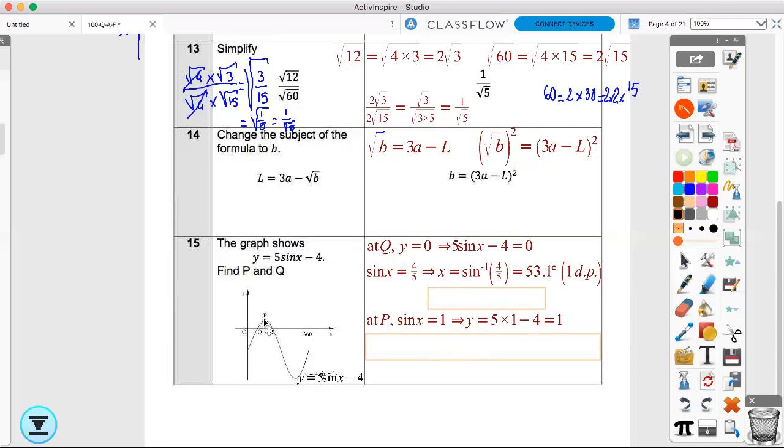So when sine x equals 1, now x is inverse sine 1, which is 90 degrees. So now I've got all my points. P is 90 and 1, whereas Q is 53.1 and 0.